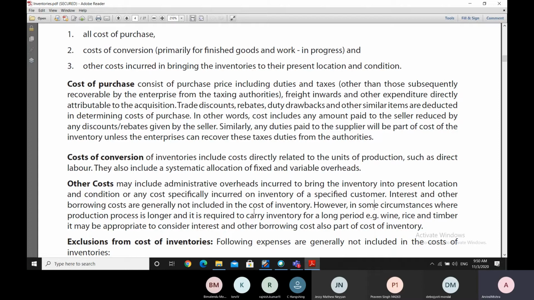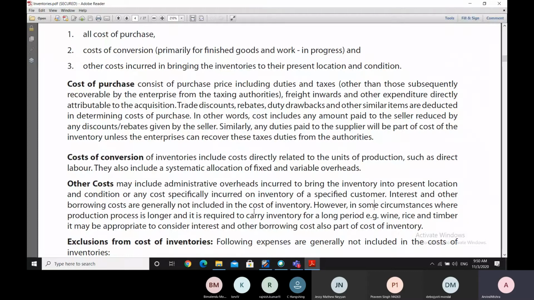When the items are sold, then the liquidity will be available, but the production process is so long that before sale you have to make a lot of investment. So loan becomes a very necessary part of such a business.